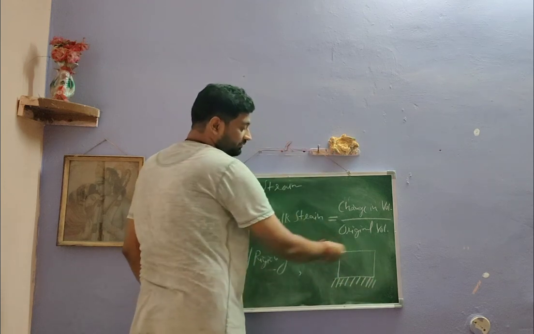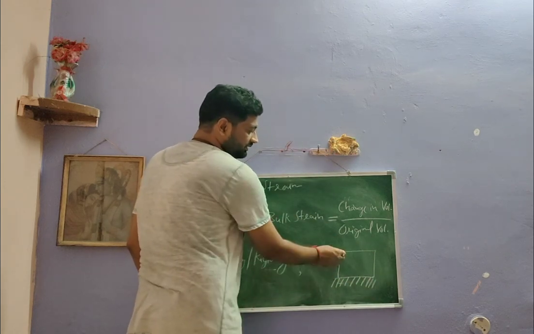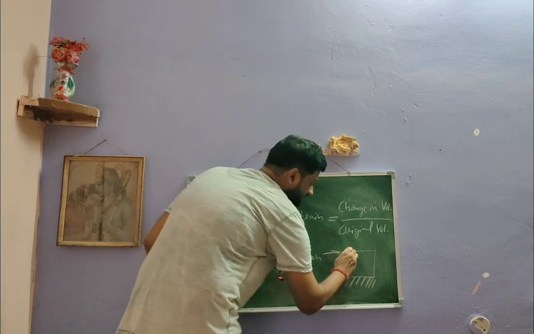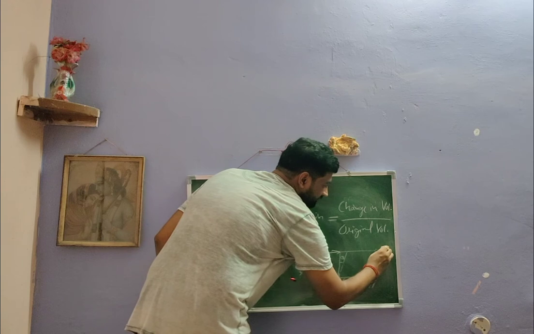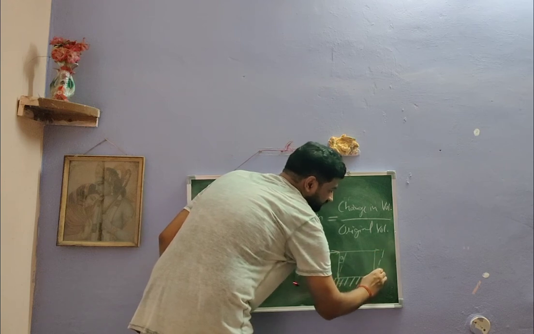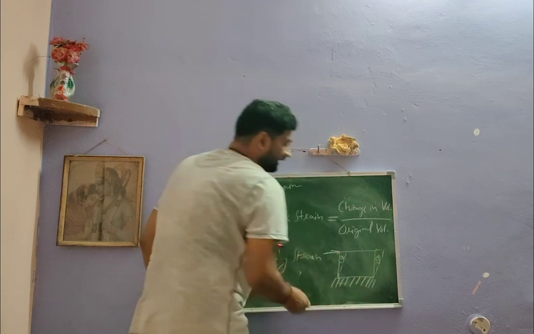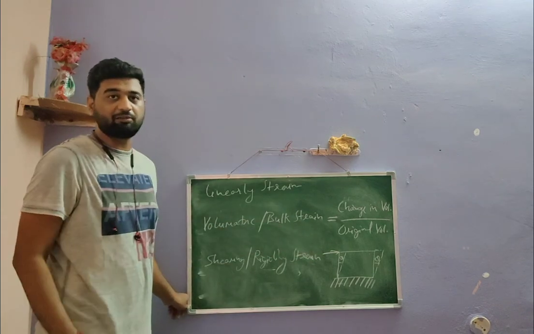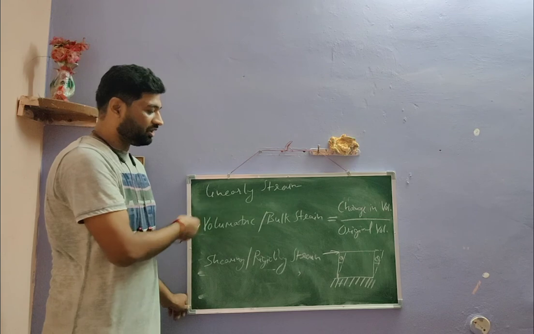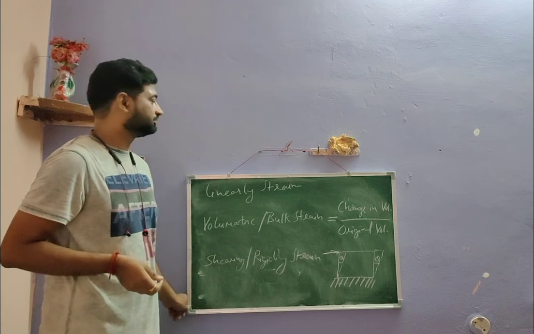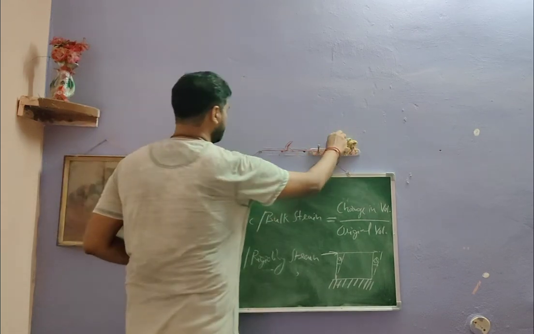As a result of this force, this object will tilt by angle theta. In that case, the strain developed is known as shearing or rigidity strain. Now coming to the last one.